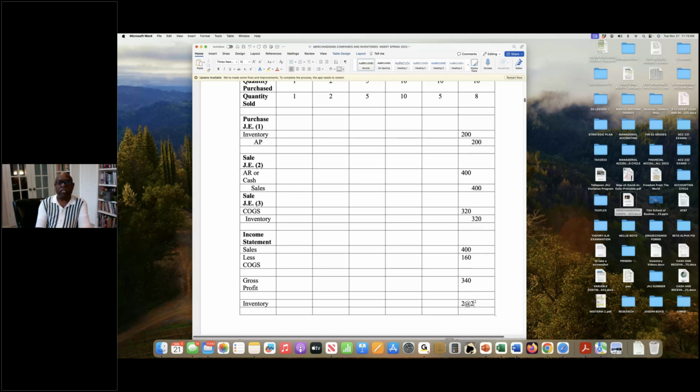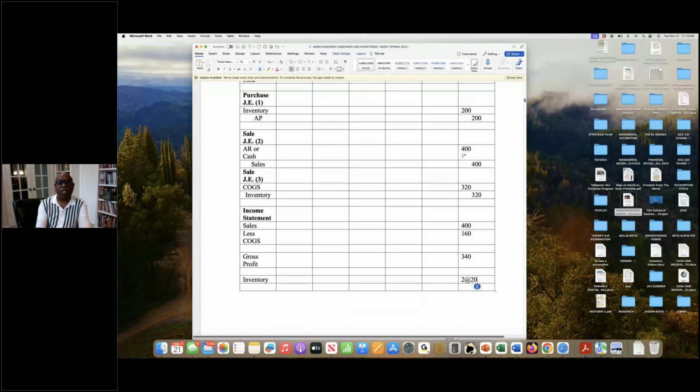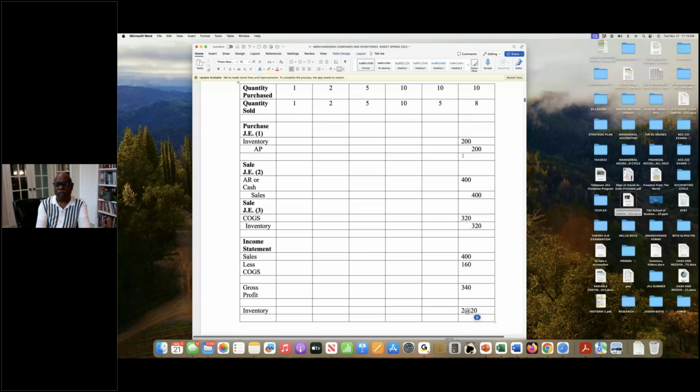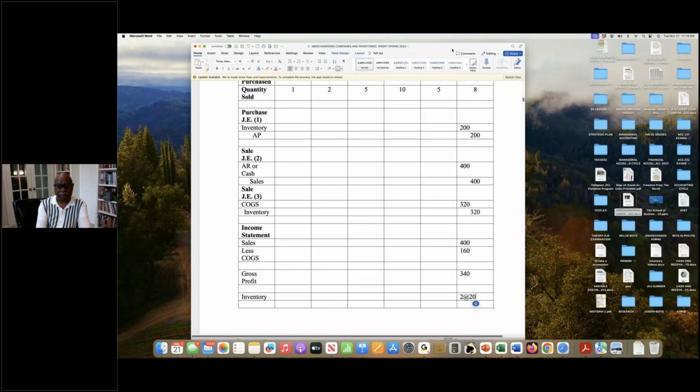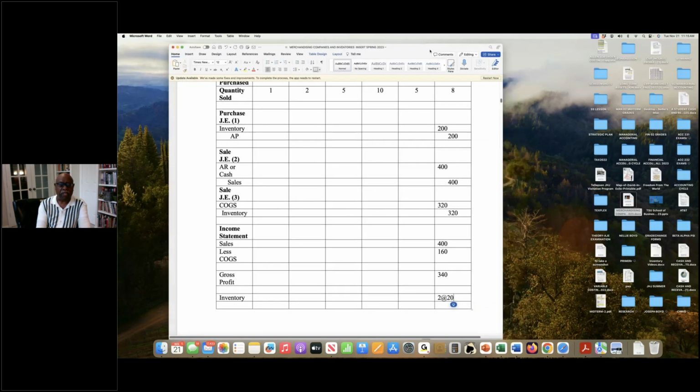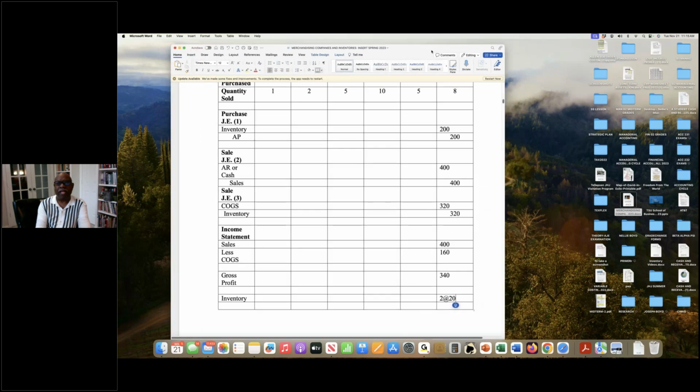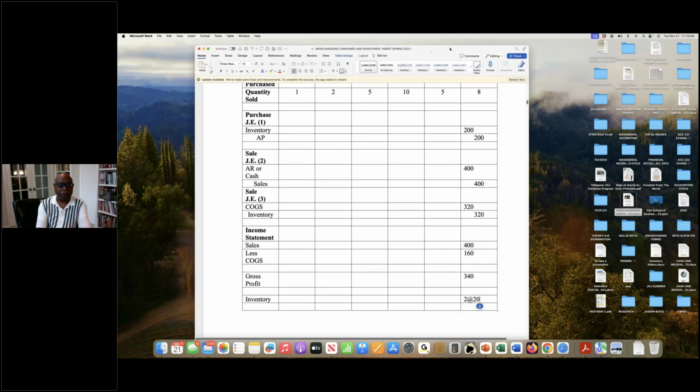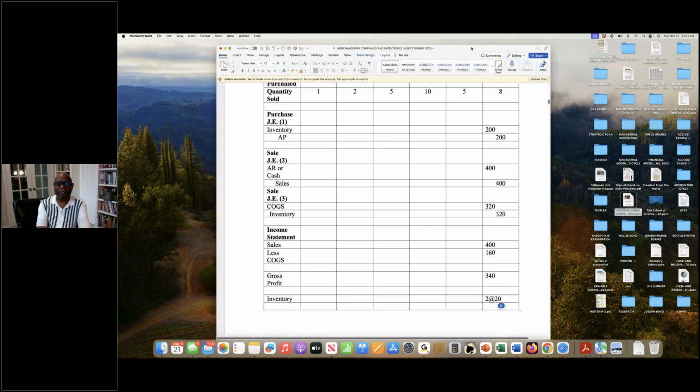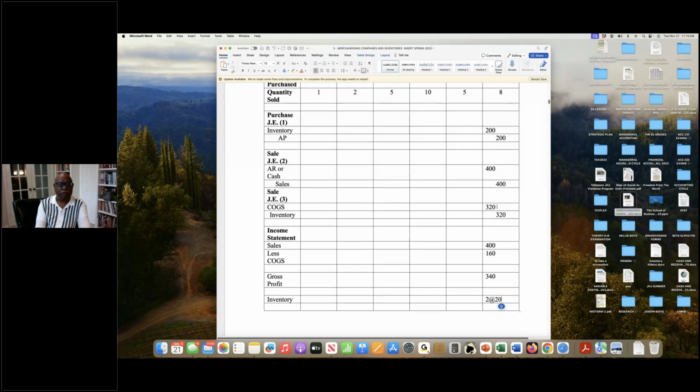Are there any questions by anyone on this simple example? Are there any questions by anyone on this example? Yes, I have a question. Okay. I'm still confused on how we got 320 since you switched the other one to 160. For the cost of goods sold, this should be 160 also.